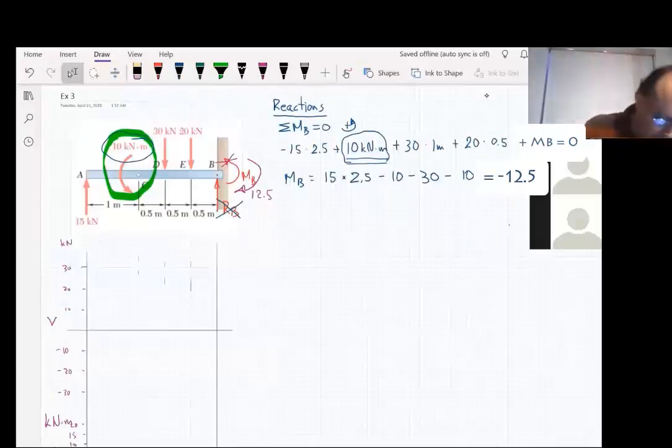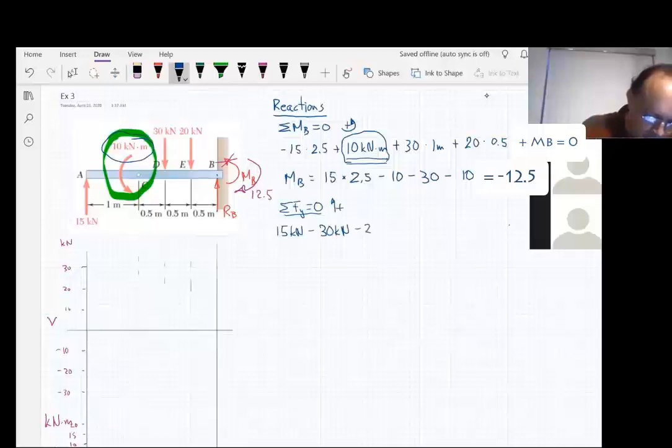Now the reaction RB. How can we find the reaction RB? Here, let's do a summation of forces in the y direction equal to 0. Let's do positive this way. And then we have 15 kilonewtons going up, minus 30 kilonewtons going down, minus 20 kilonewtons going down, plus RB going up equals 0.